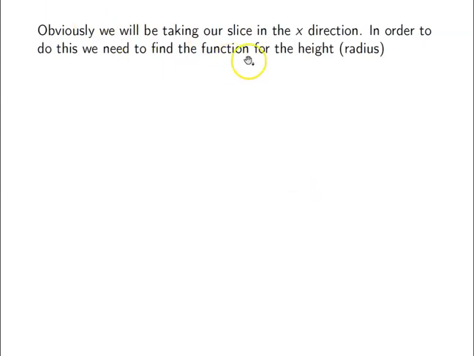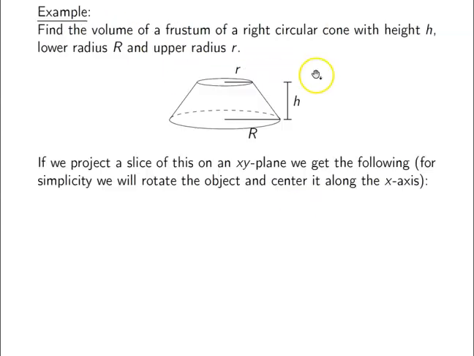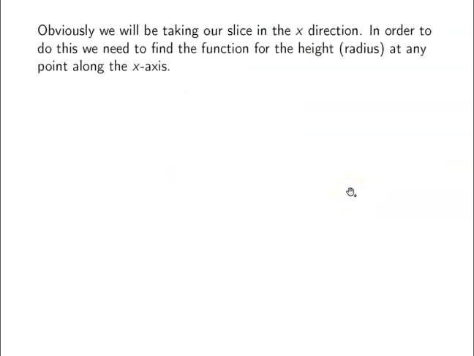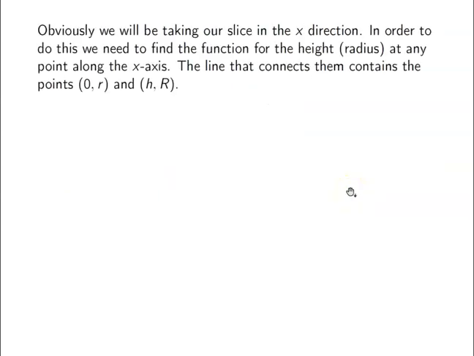We need to find the function for the height, which is the radius at any time. This height here is the radius. So at this value of x, the height here is the radius of the cone. The line that connects them has the points 0, r and h, big R. Again, h is the height.